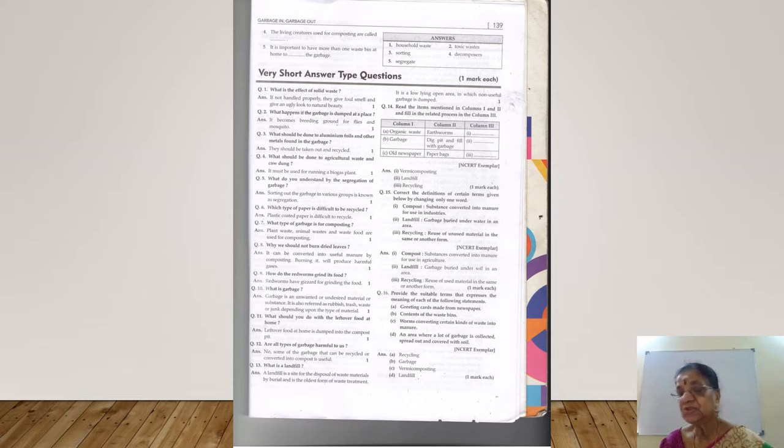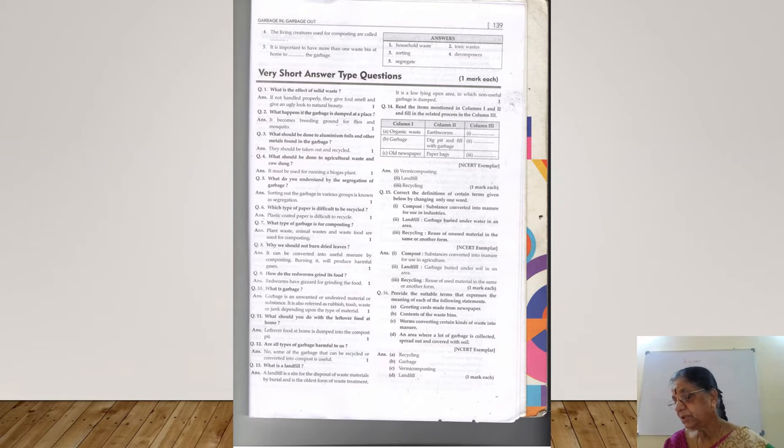It becomes a breeding place for flies and mosquitoes. Then what should be done to aluminum foil and other metals found in garbage? They should be taken out and recycled.